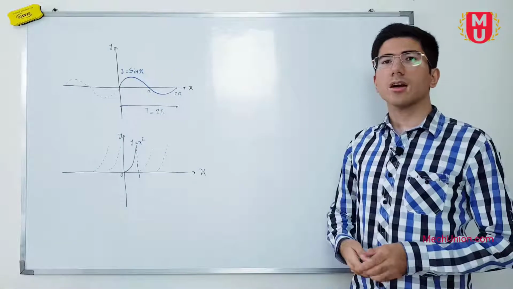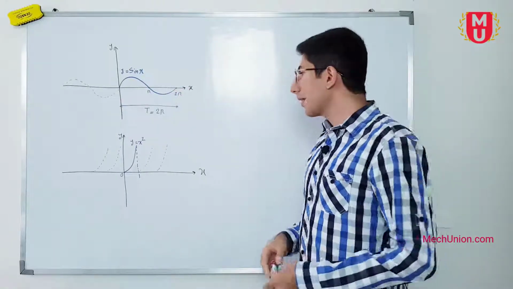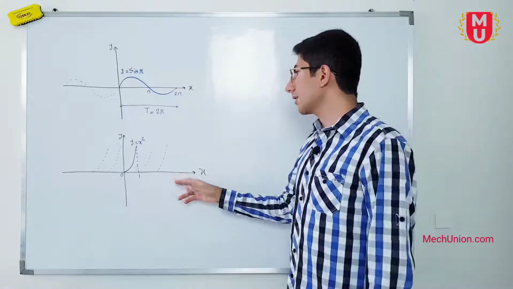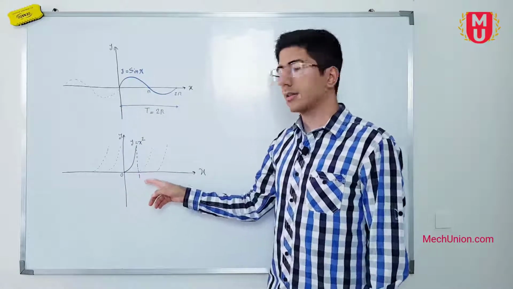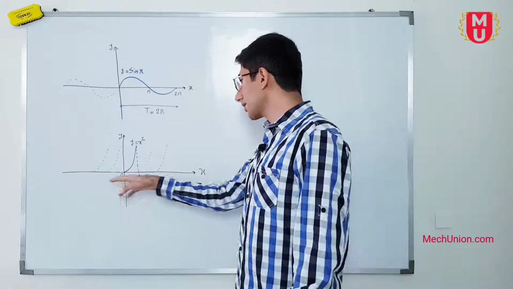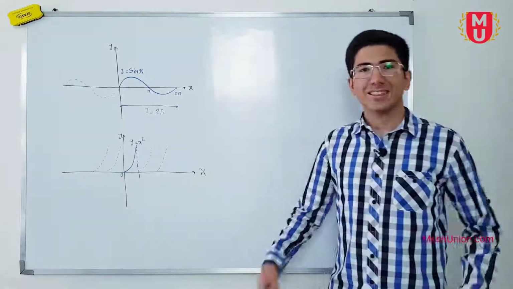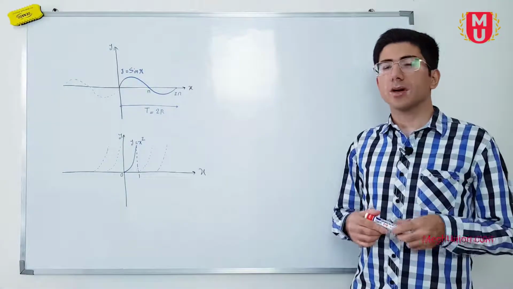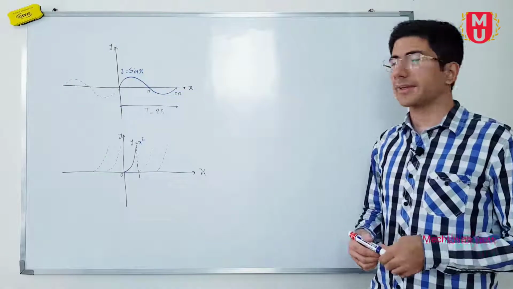Some of the functions are intrinsically periodic, like sine in this graph, but some of them are not. We limit them from a to b and expand them side by side to make them artificially periodic. So what? We can replace it by a bunch of sine and cosine and a constant number.